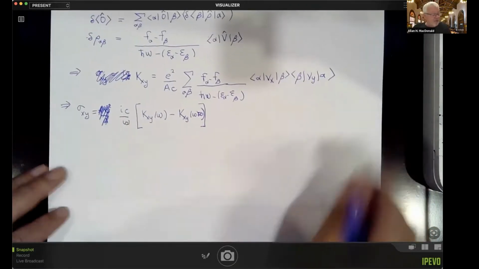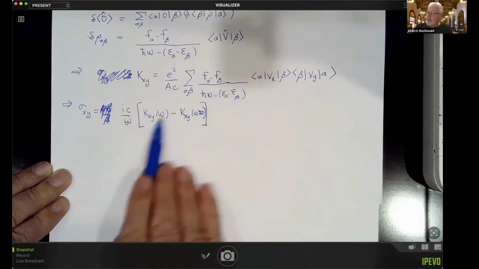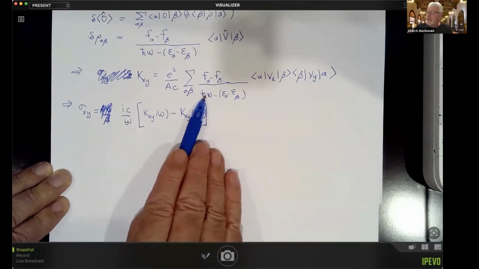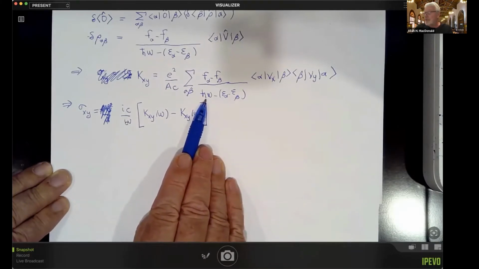Therefore, if we put those things together, this difference between finite frequency and zero frequency obviously vanishes when h bar omega goes to 0.